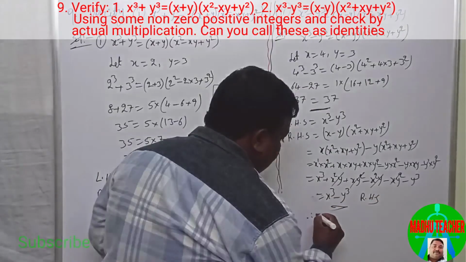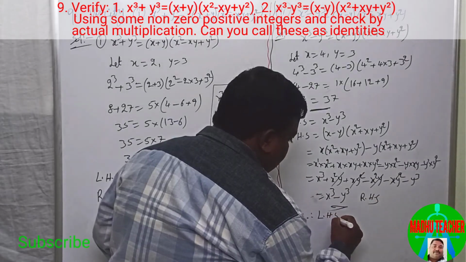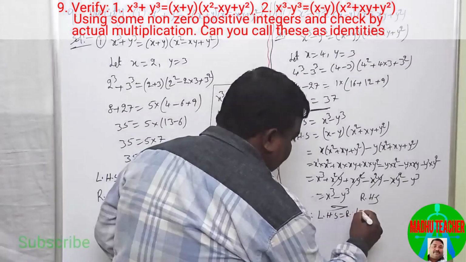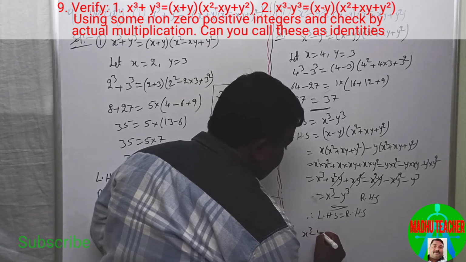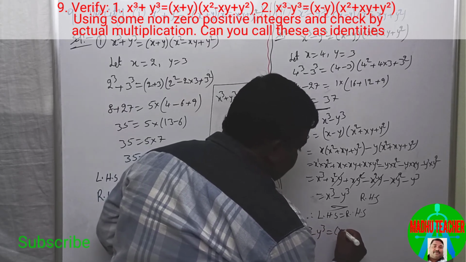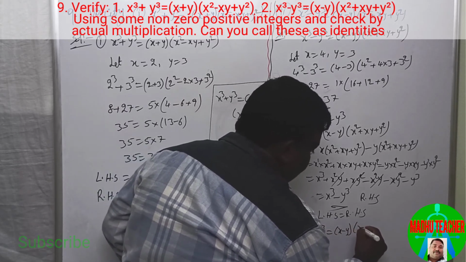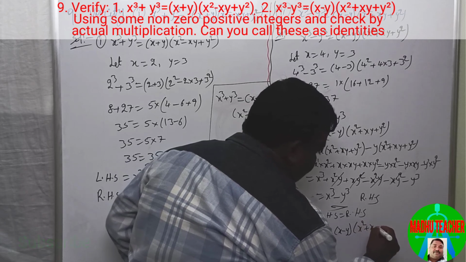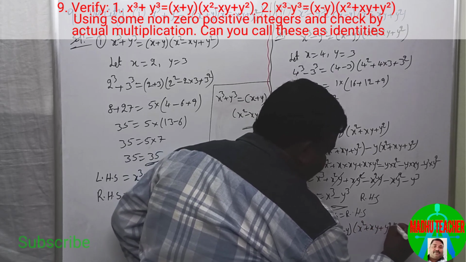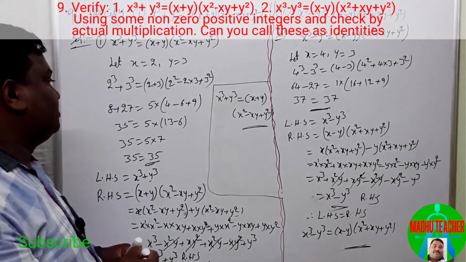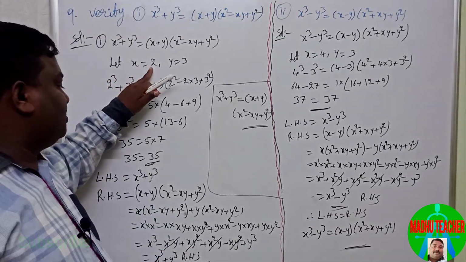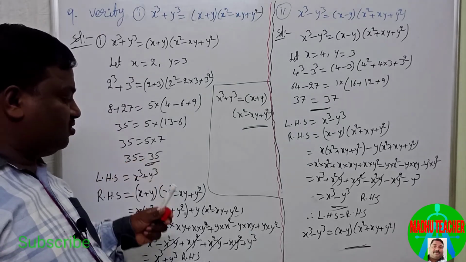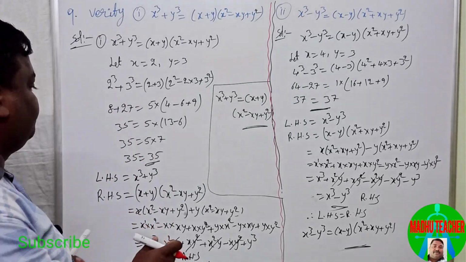So finally we will get LHS equal to RHS. Therefore x cube minus y cube equal to x minus y into x square plus xy plus y square. So in both cases, by substituting non-zero positive integers, we got LHS equal to RHS.